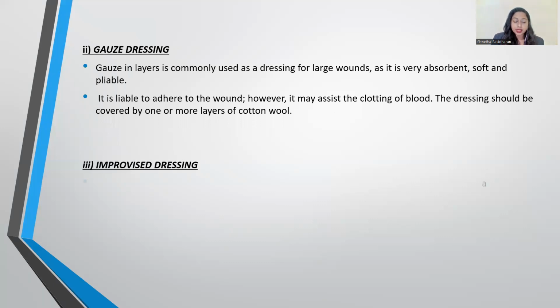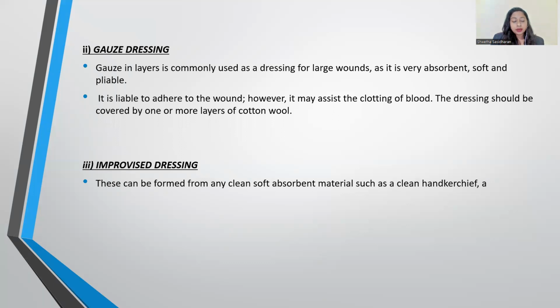Next is improvised dressing. When we are not able to find the things which we need, for example, we are not able to find the cotton wool, the roller bandage or the gauze, we have to make something to stop the bleeding in an emergency situation. So we have to improvise at that time, and that's why it came to be known as improvised dressing.